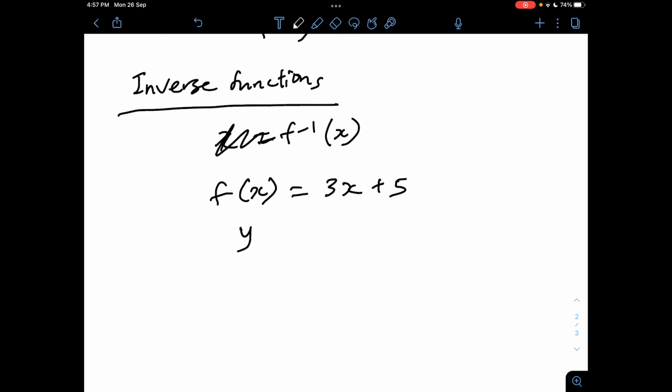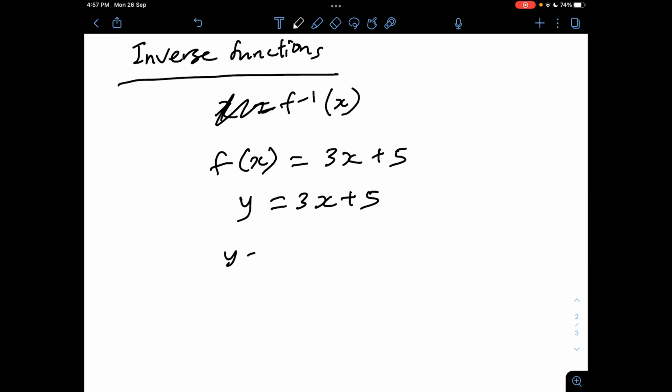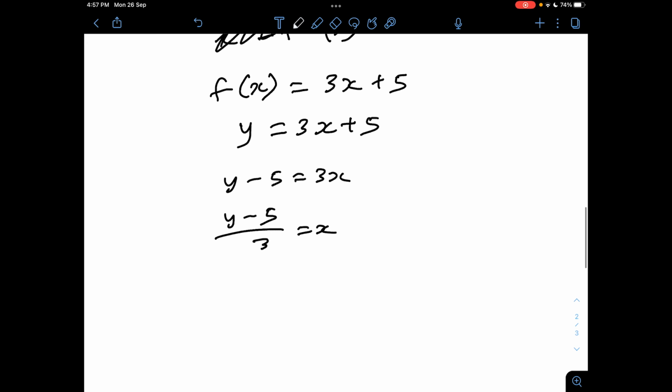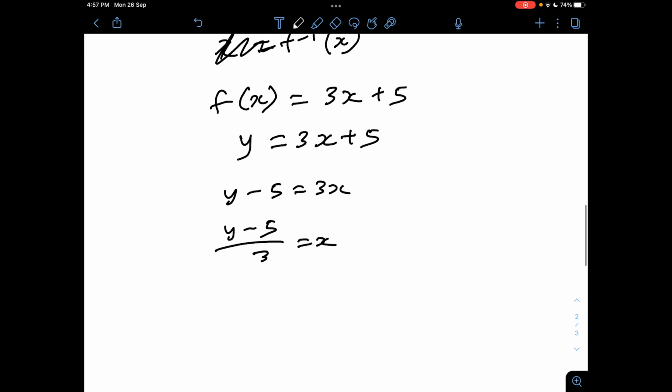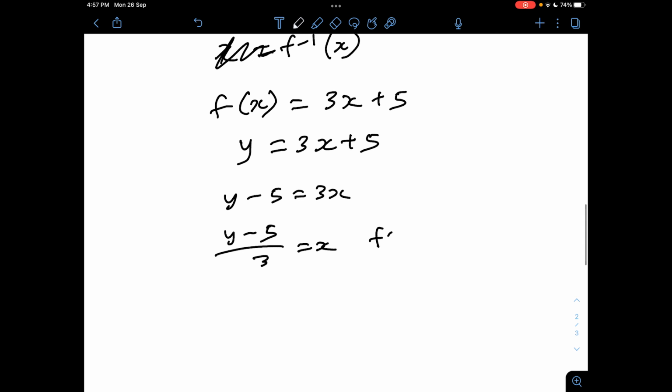Now I want my function to be inverse, like completely upside down. Okay, that's what inverse function means. I want to know how to get my x. So y equals 3x plus 5, and then we move the 5 to the left. That will give us y minus 5 equals 3x, and then we divide, we get something like this. And then here, our x is actually equal to f inverse of y.